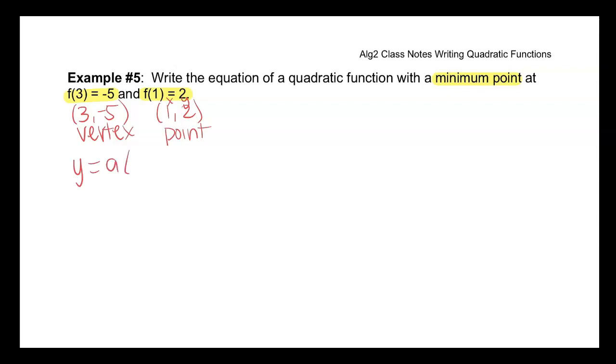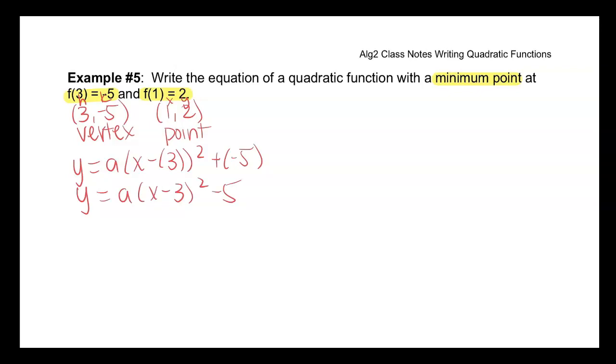Y equals a. This is h. This is k. I always label them out because I always want to make sure I have the correct coordinate labeled. X minus h squared plus k. Simplify the parentheses if possible.